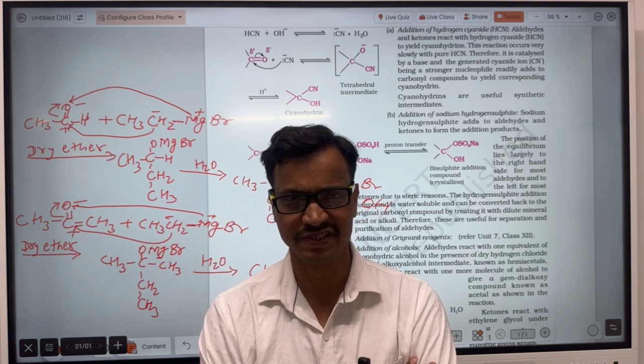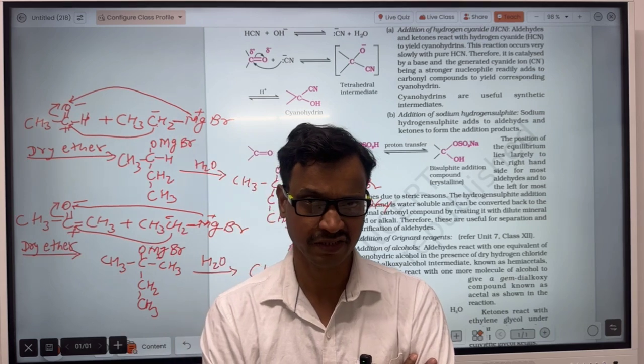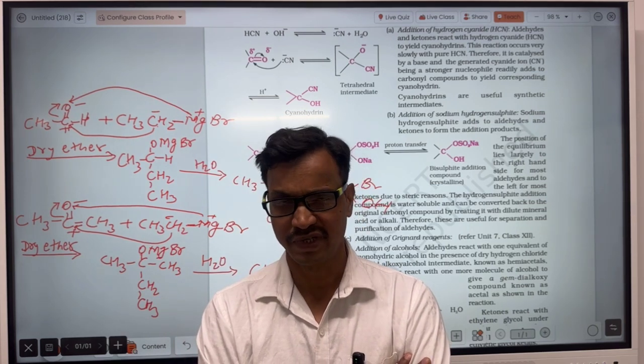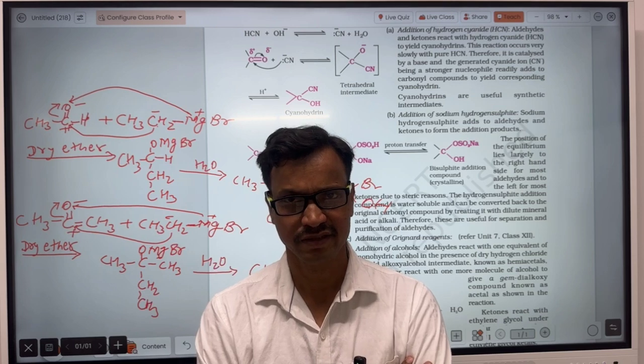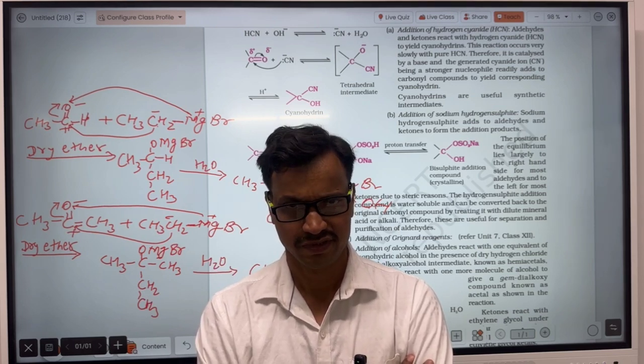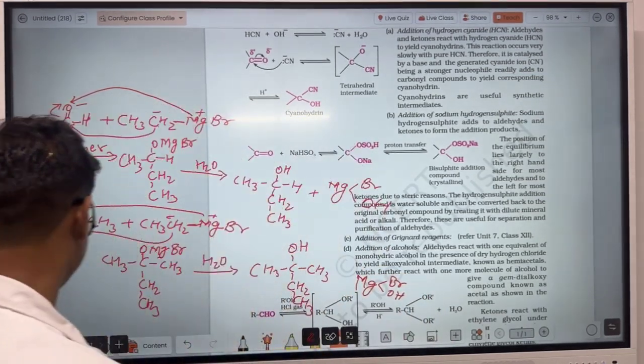When the Grignard reagent is treated with methanol, there will be formation of primary alcohol, with aldehyde other than methanol, the 2 degree alcohol, and with ketone, the 3 degree alcohol will form. Okay, so that is here.